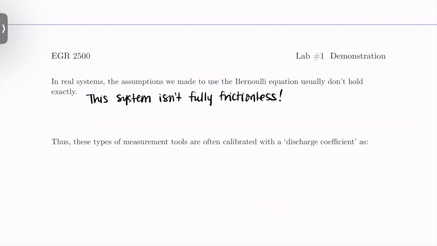So because of this, typically what we need to do is calibrate a flow meter like one of these with a discharge coefficient. This is given the symbol C sub D, discharge coefficient. And how we're going to do that is like this. We will say that we have the volume flow rate that's real. So our actual volume flow rate is equal to our coefficient of discharge times the idealized volume flow rate.